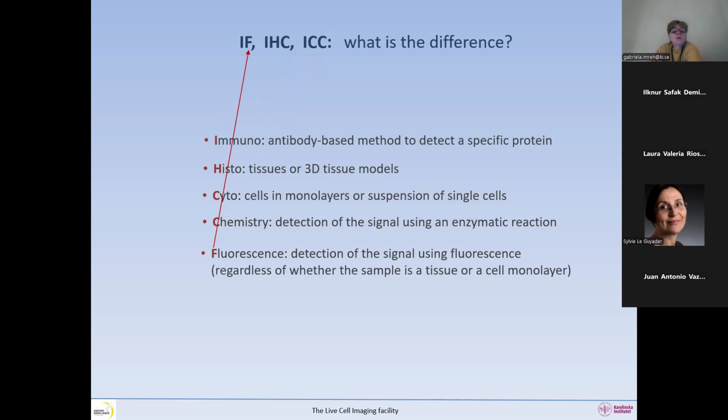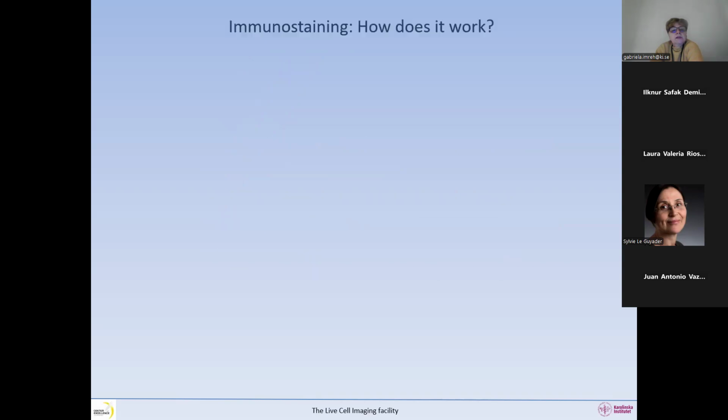So now, hopefully, you will remember better what these words actually mean. So let's see how immunostaining works. I will just give a brief overview. As I mentioned, immunostaining is an antibody-based method of detecting the protein of our interest.